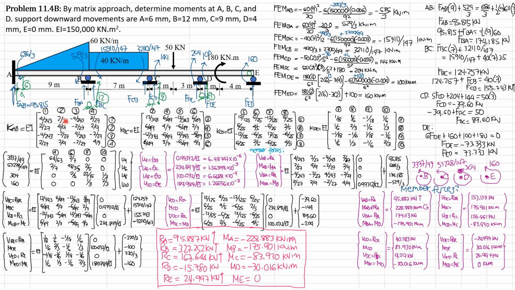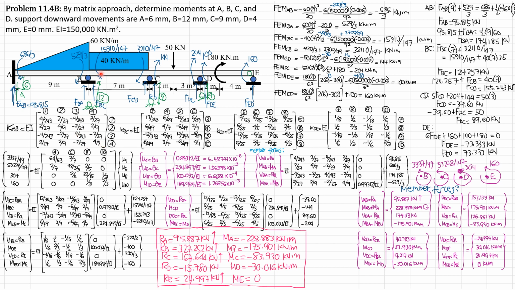Here it's 6 EI over L square, 6 times 1 over 9 square, so 2 over 27. The negative of that, and you just copy this. 6 EI over L square, so 2 over 27, 4 EI over L, so 4 over 9, the negative of 2 over 27, then half of 4 over 9, or 2 EI over L. Then the negative of the first row, then copy the second row, interchange 4 over 9 and 2 over 9 position. So that's the flow.